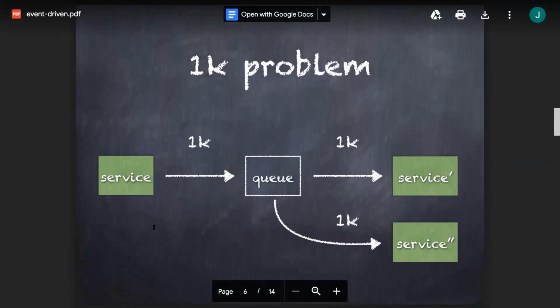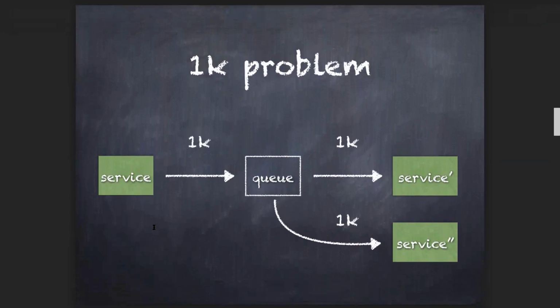Let's go back to the diagram here. We make a lot of network I/O. With this pattern, the system is very slow, because to handle each message in the queue, the service will serve one HTTP request and return an HTTP response.